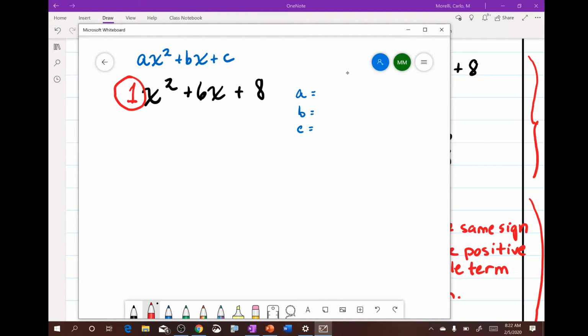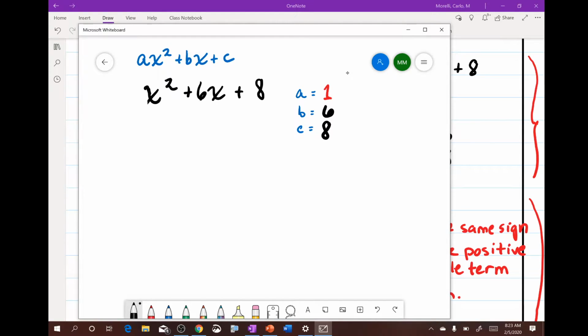What is the a value? 1. So when there is nothing in front of the x squared, the coefficient is 1. What is the b coefficient? And the other one would be 8.